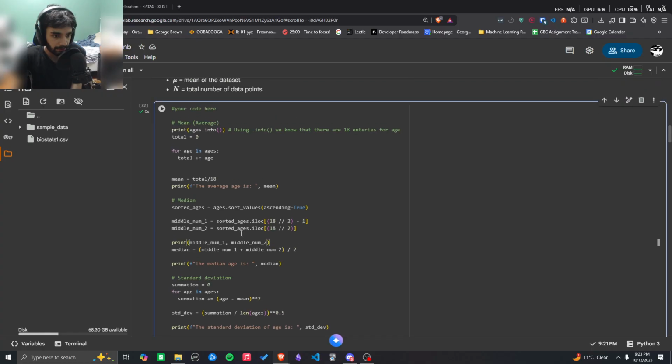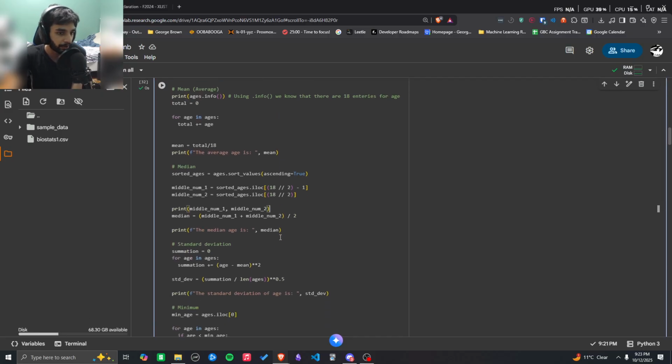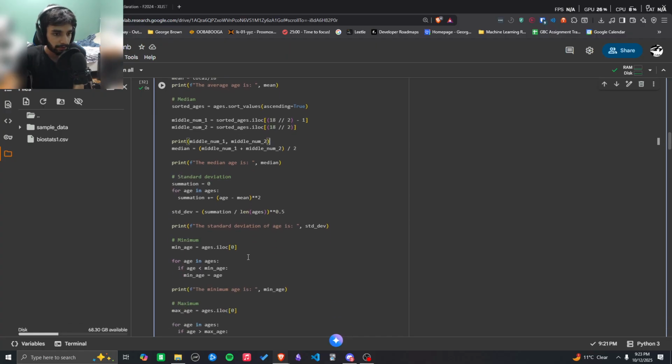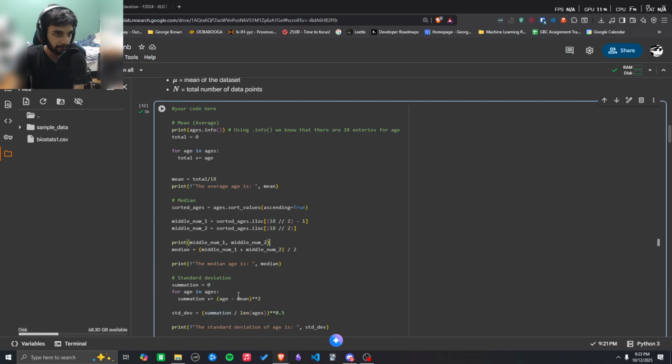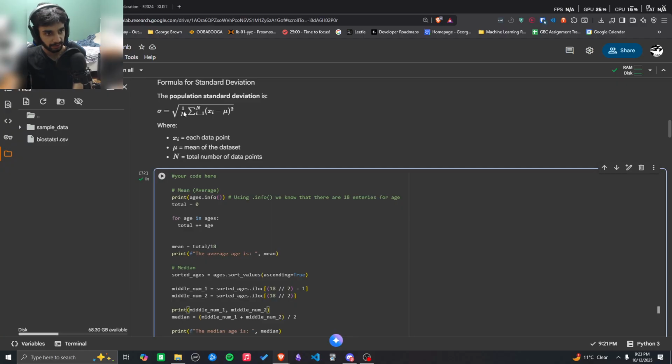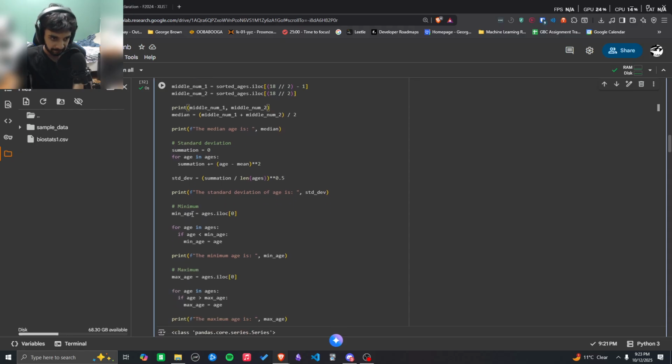We minus each by the mean, which is the average, also mu, and we square it. Then we do the inverse of the square root, so we get rid of the square root, and while doing that we get the standard deviation.